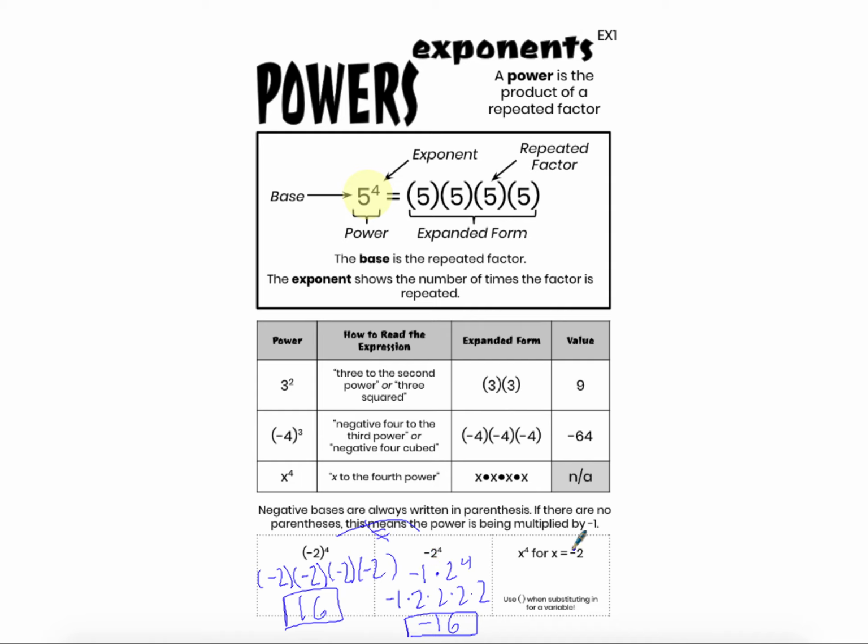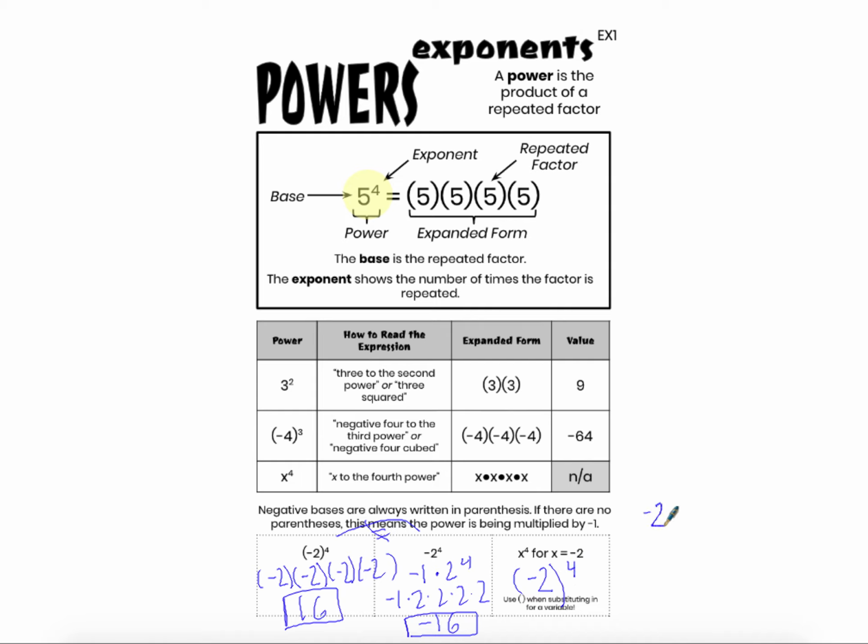Because of this distinction, it's really important when you are evaluating an exponential expression that you just go ahead and use parentheses when substituting in a value for a variable. So here I'm asked to evaluate x to the 4th for x equals negative 2. I want to put that negative 2 in parentheses to indicate that my base is negative 2.